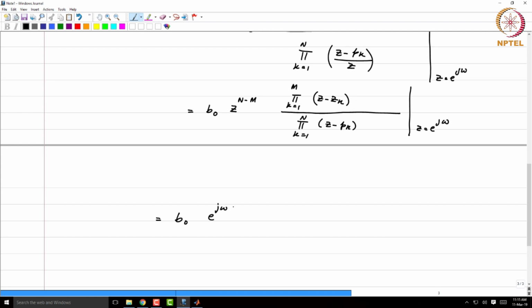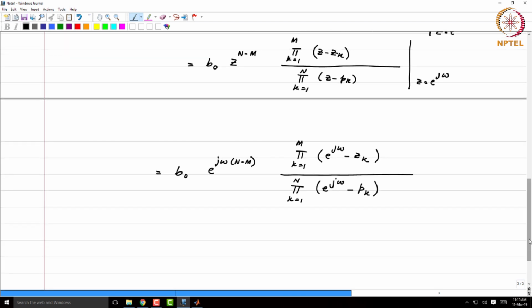So, this becomes e to the j omega times N minus M, and this of course is product for k going from 1 to capital M of e to the j omega minus z_k, over product for k going from 1 to capital N of e to the j omega minus p_k.